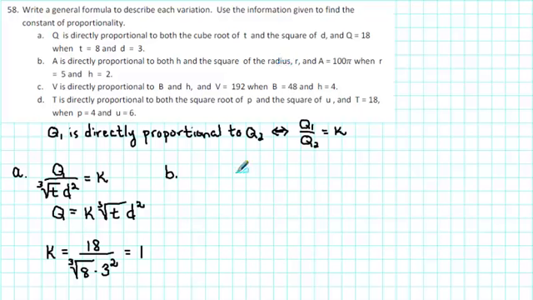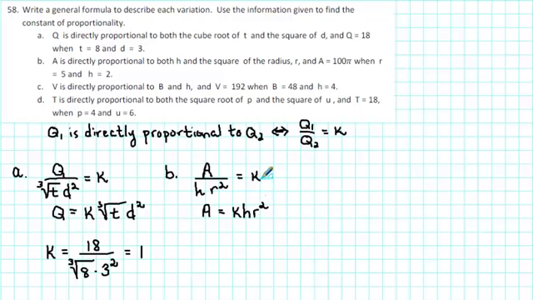So we'll end up with A divided by the product of h and the square of r is equal to K. To write a formula for A, we'll multiply both sides by h r squared, and that gives us A is equal to K times h times r squared.